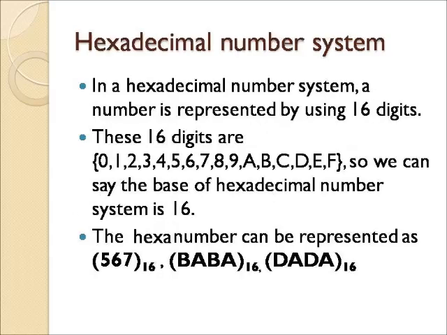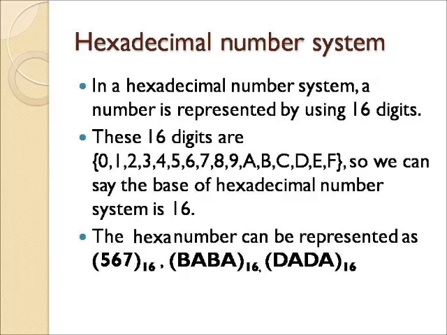Next one is the hexadecimal number system. In the hexadecimal number system, the numbers are represented using 16 digits. You can see that we are using a combination of numbers and characters here to represent the hexadecimal numbers.